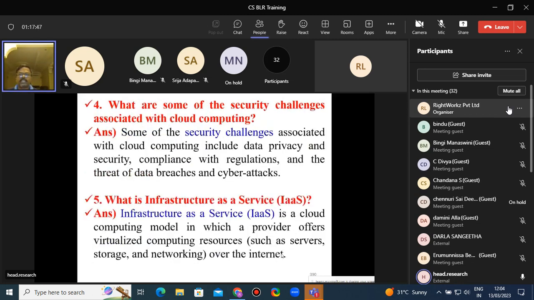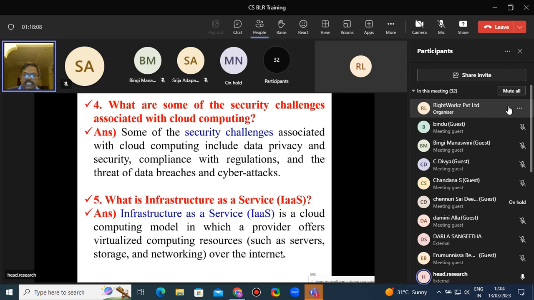What are some of the security challenges associated with cloud? Some of the security challenges associated with cloud computing include data privacy and security, compliance with regulations, and the threat of data breaches and cyber attacks.